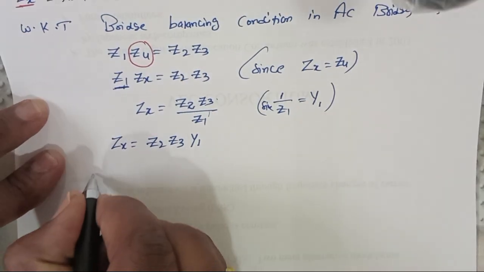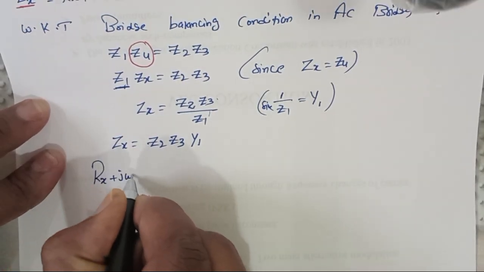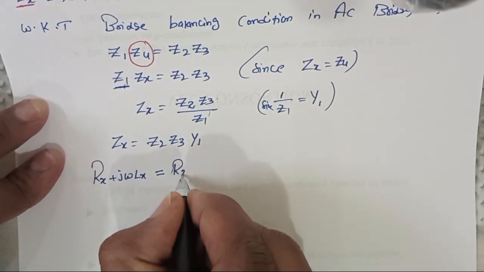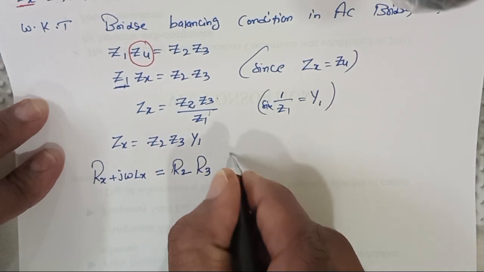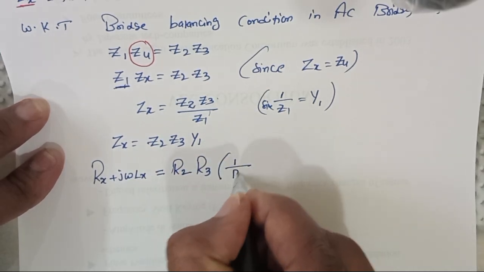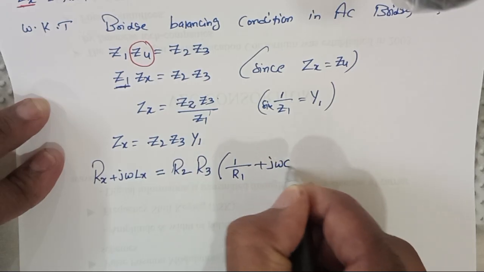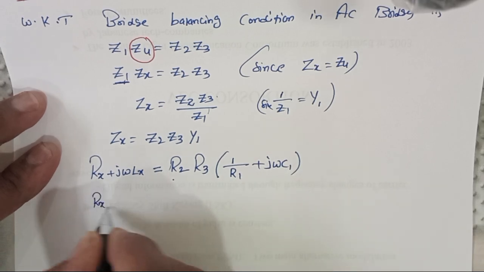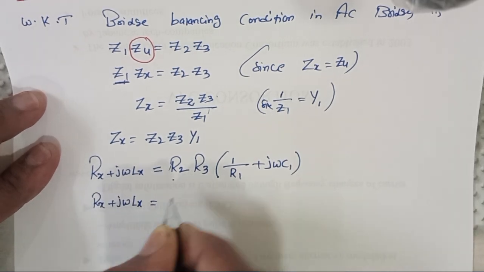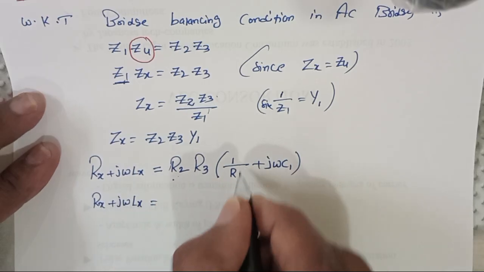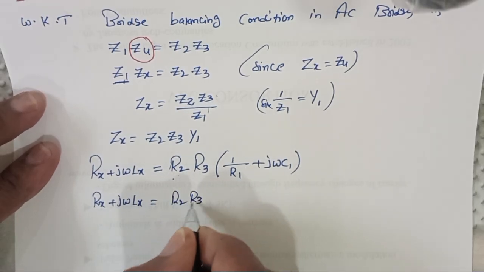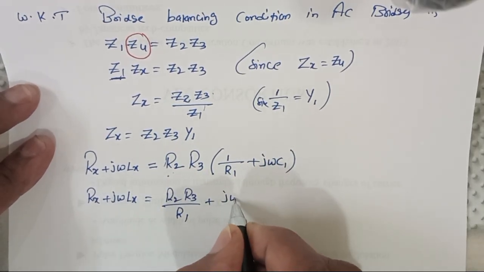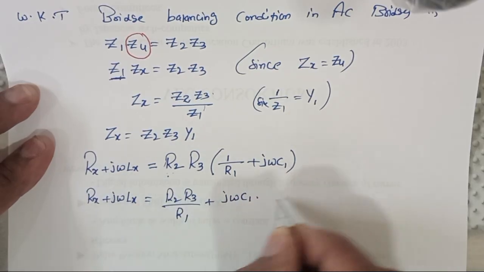Zx is Rx plus j omega Lx, equal to Z2, which is R2, times Z3, which is R3, times Y1, which is 1 by R1 plus j omega C1. Now multiply it out: Rx plus j omega Lx equals R2 R3 by R1 plus j omega C1 R2 R3.